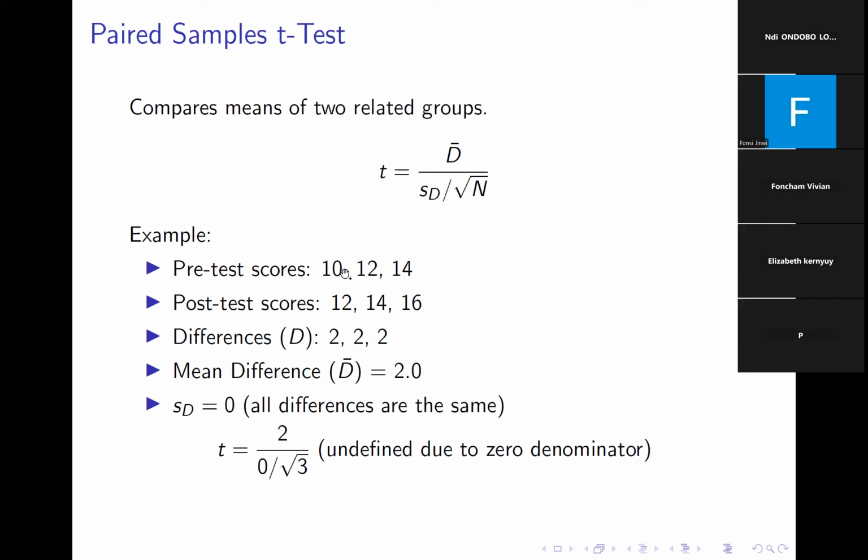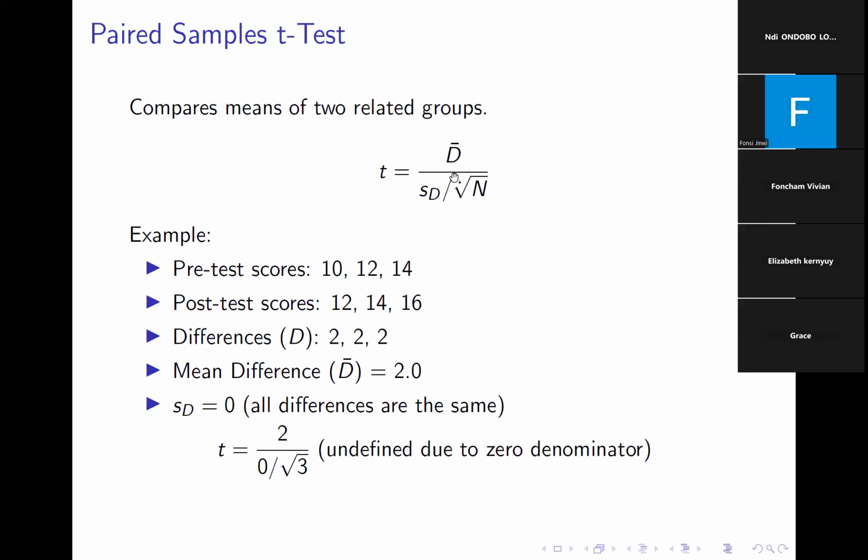So they are matching in terms of that. There is always a score for the same student in the first, and there's a score for the same student after you've implemented your method. So that's a matched sample, or that's a paired sample, where you have two groups of samples with these corresponding matches.